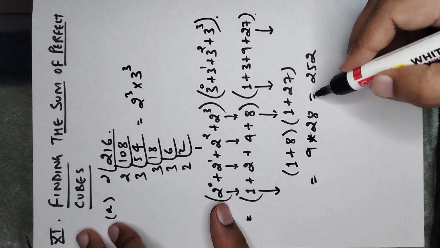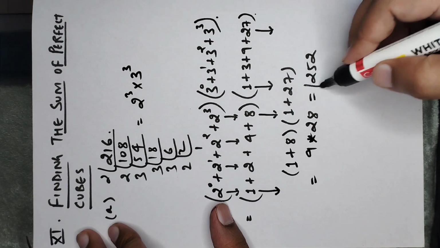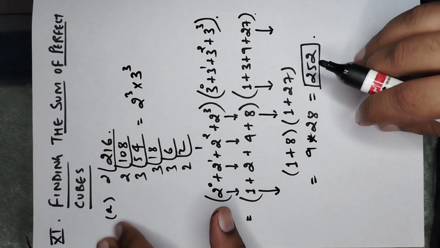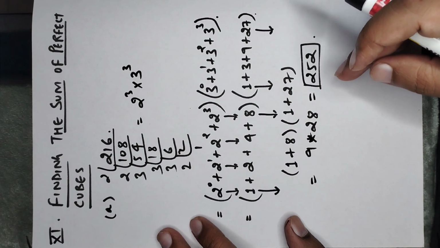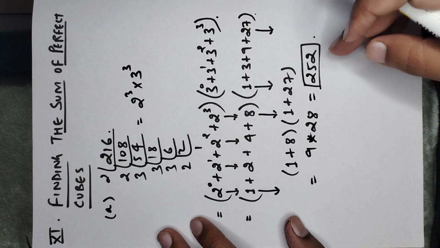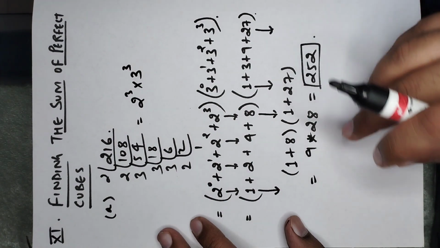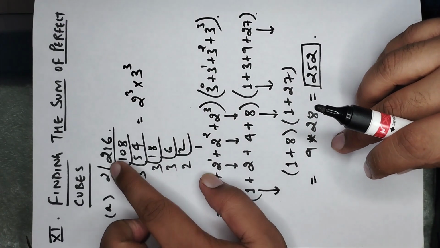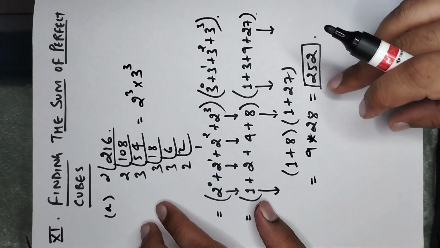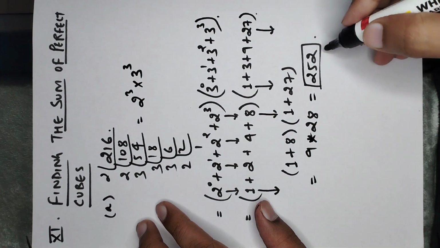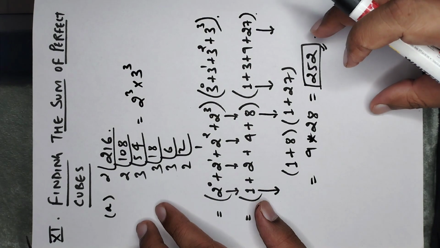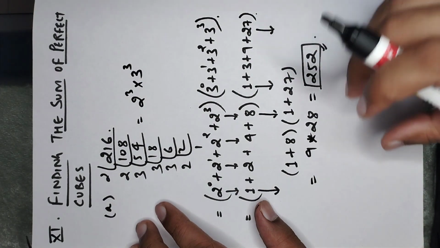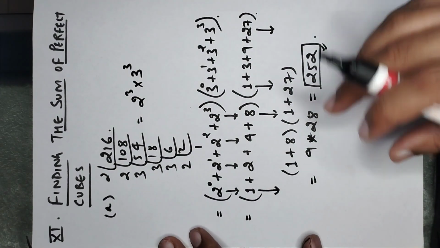So the sum of the number of perfect cubes is equal to 252. So in 216, whatever factors are there which are perfect cubes, their sum will always be equal to 252. So this is how we find the sum of perfect cubes. So the method is simple.